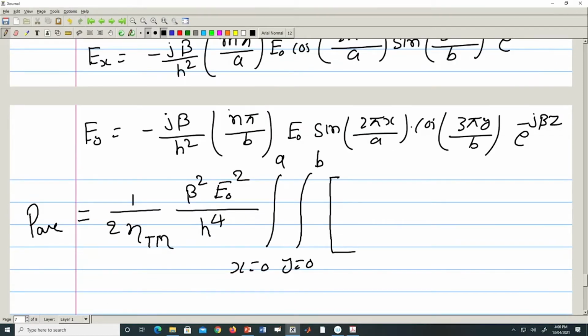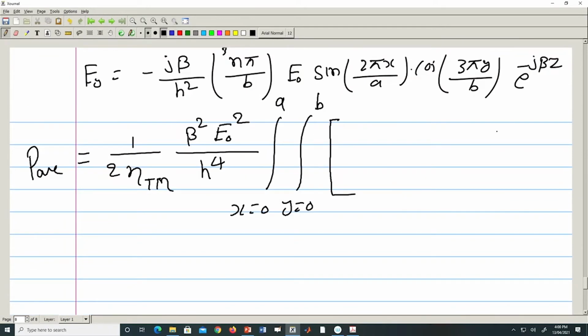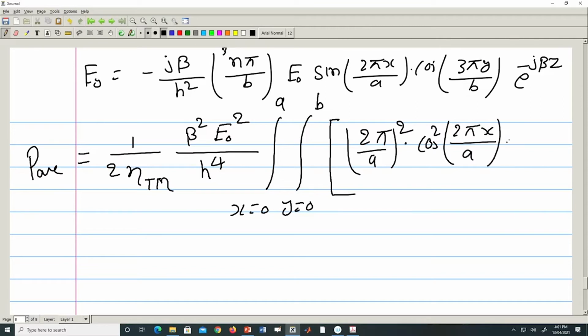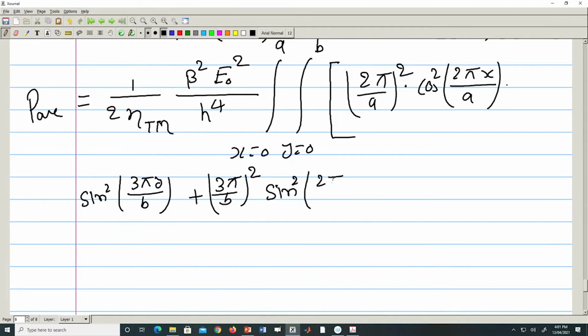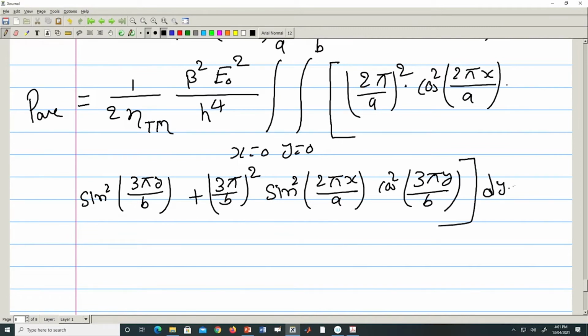Next n will be 3, so plus 3 pi by b whole square, sin square 2 pi x by a into cos square 3 pi y by b, inside the integration dy dx.